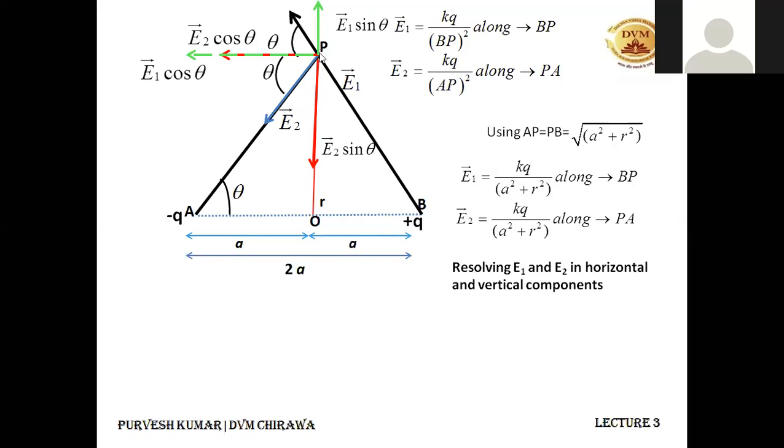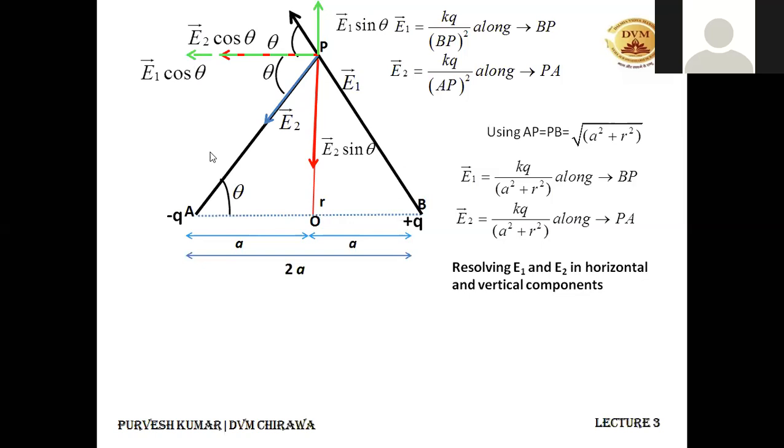These two components, one marked with green vertically upwards and one vertically downwards, get cancelled out. So the sine components get cancelled out, and the cos components are in the same line. See this red line, that is E2 cos theta, and the green line is E1 cos theta. They are along the same direction, and when they are along the same direction, they get added up.